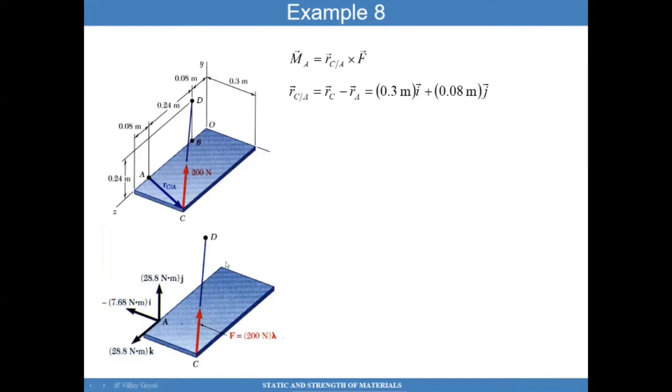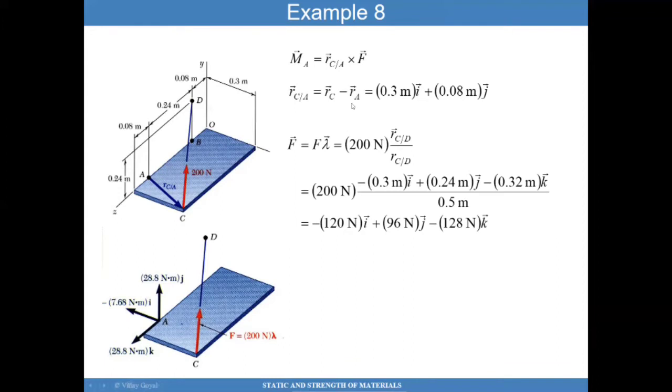You can simply determine that by calculating the coordinates of point A and the coordinates of point C. Once you have the coordinates of points A and C, you can quickly determine the components of that position vector from A to C. And that's simply 0.3 meters i hat plus 0.08 meters j hat. That's a quick geometry problem. You can figure it out.